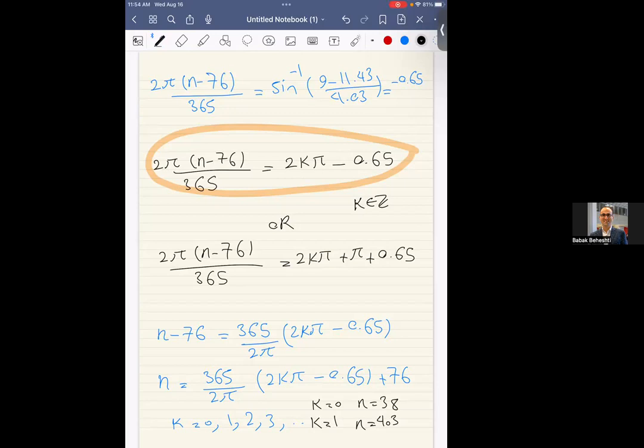What is 365 plus 38? It's 403, right? So the answer makes sense why you get 403. It repeats: in terms of the days, 403 is the same day as 38.